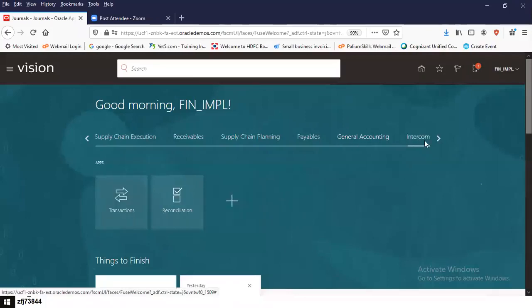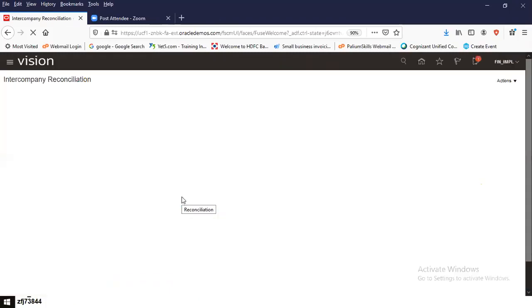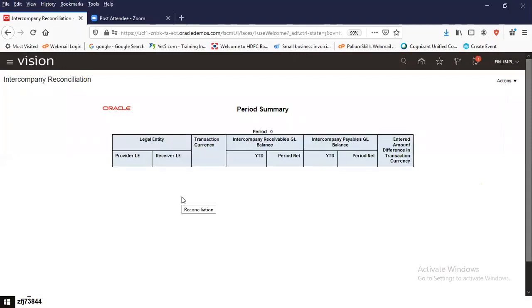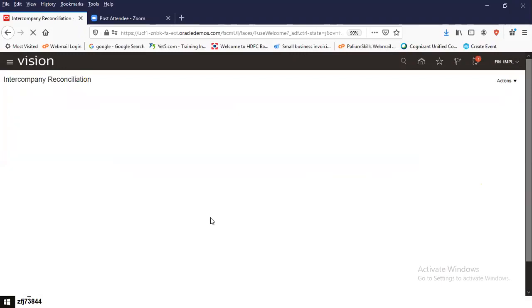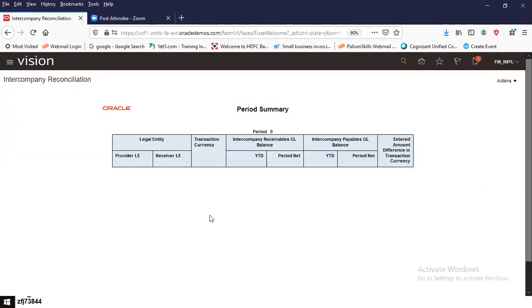For that, within intercompany, you have the reconciliation option. You see this reconciliation tile, you click on it. We go into actions, we say run.